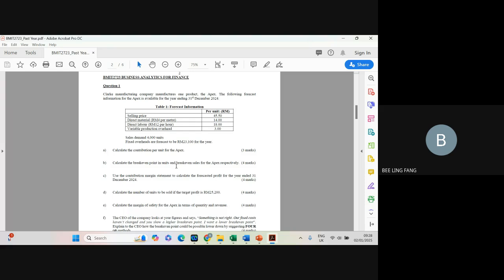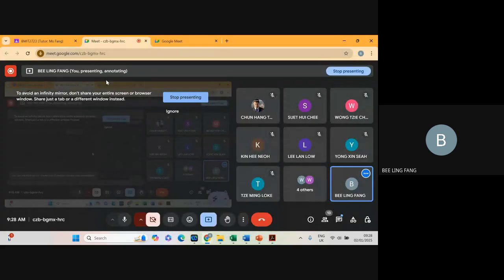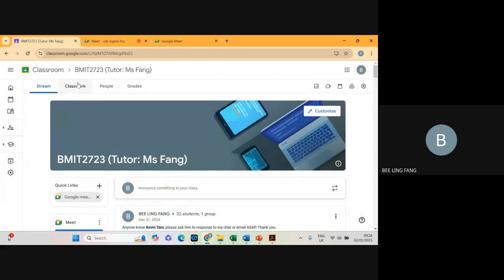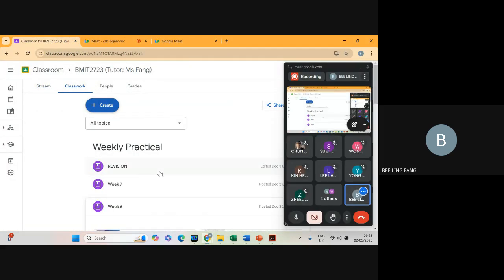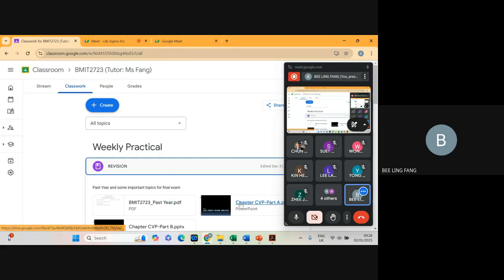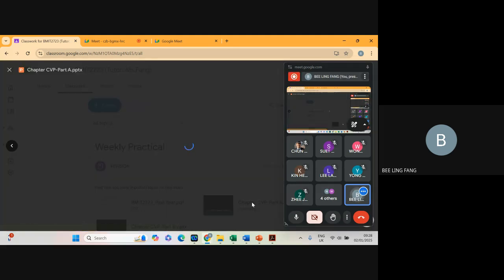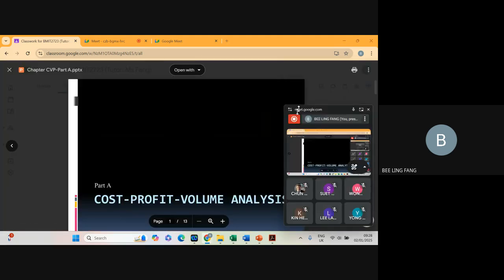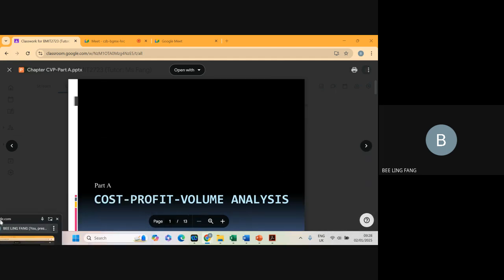Break-even point, I think all of you are quite familiar, right? But the contribution margin statement and so on, I put in the slide here. This is a CVP, right? Yeah, cost profit volume.